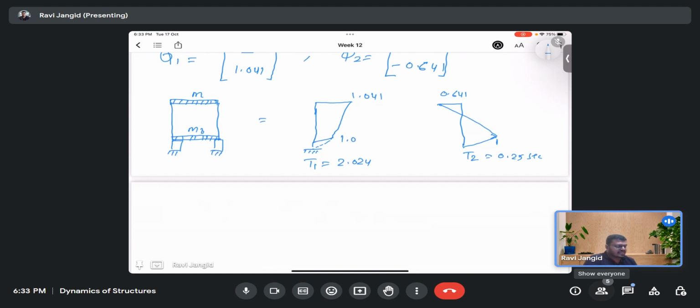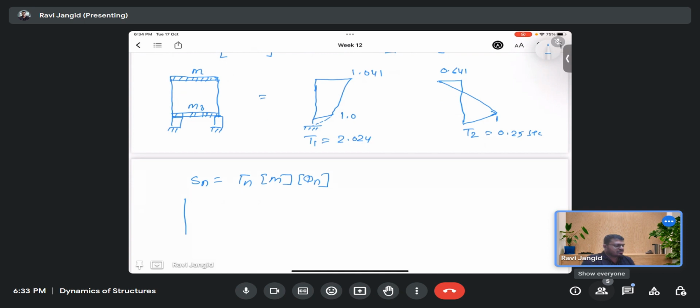We can find out the Sn, like if we need to find out the base shear, what we were doing, we were finding out the Sn modal expansion, gamma n times mass matrix times phi n. Let us suppose our structure has masses 2m by 3 and m, distributed as S1, S2.